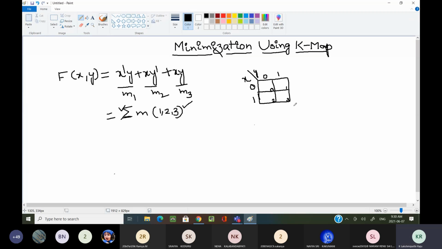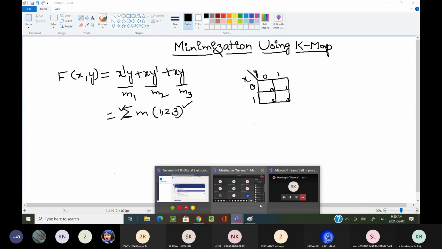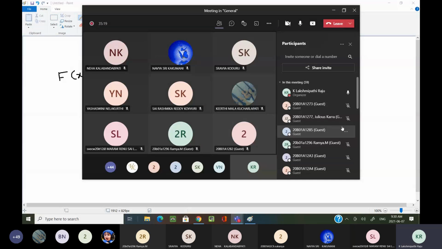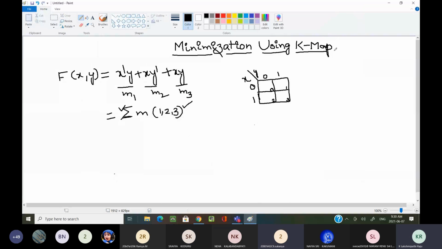Because if you see these min terms directly, you can fill the map. We know this is the 0th position, 0 1 1 0 1 1. Am I clear, everyone? Yes, sir. Everyone, are you following what I'm saying? Now, first we have to write the min terms: 0th min term, first min term, second min term, third min term.